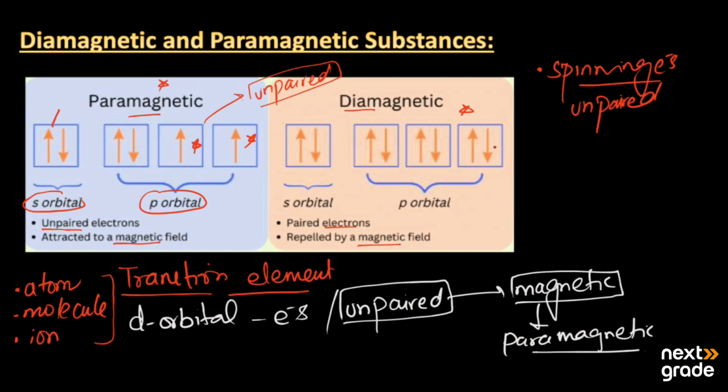When there is a paired electron in an orbital, the magnetic moments cancel the effect of one another, and then these substances become diamagnetic in nature. A simple example of strong paramagnetic behavior is iron in the plus 3 state, and manganese in the plus 2 oxidation state.